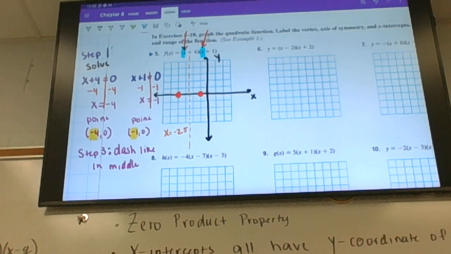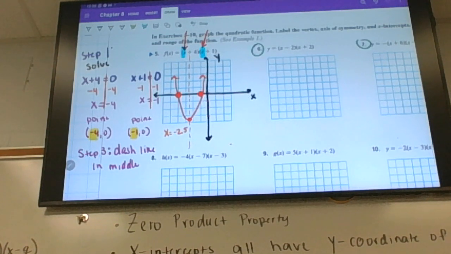Alright, so guys, look, the vertex is at -3.75. 1, 2, 3. It's right here.